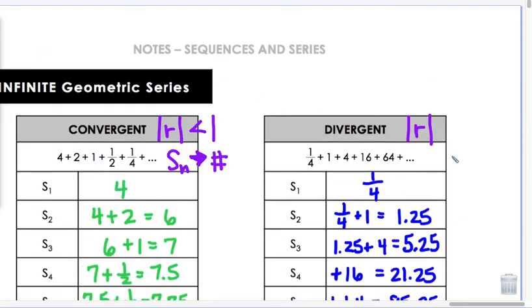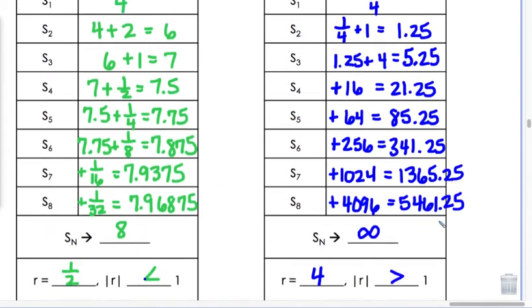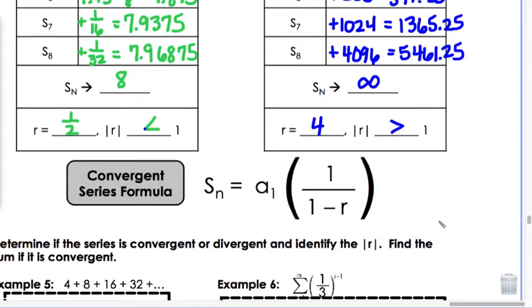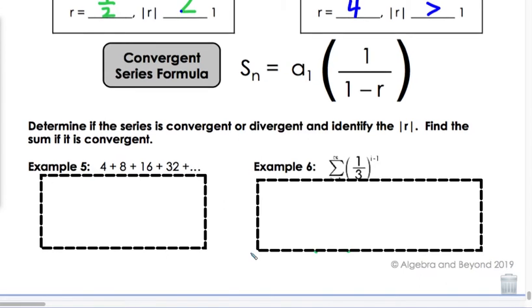So it is greater than 1, and our S sub n is going to be infinity. So when we have infinite geometric series, we know that it's either going to be the sum of a number or infinity. When it's convergent, we want to know what that number is, and we have a formula for that.